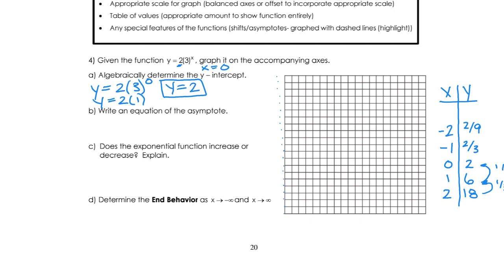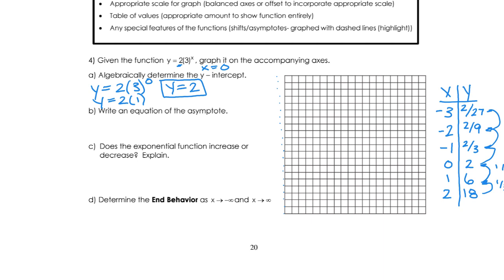And we could go one more if we wanted to. It's extremely small, right? But -3 would be matched with 2/27. So again, the multiplier works all the way through. You multiply by a third.